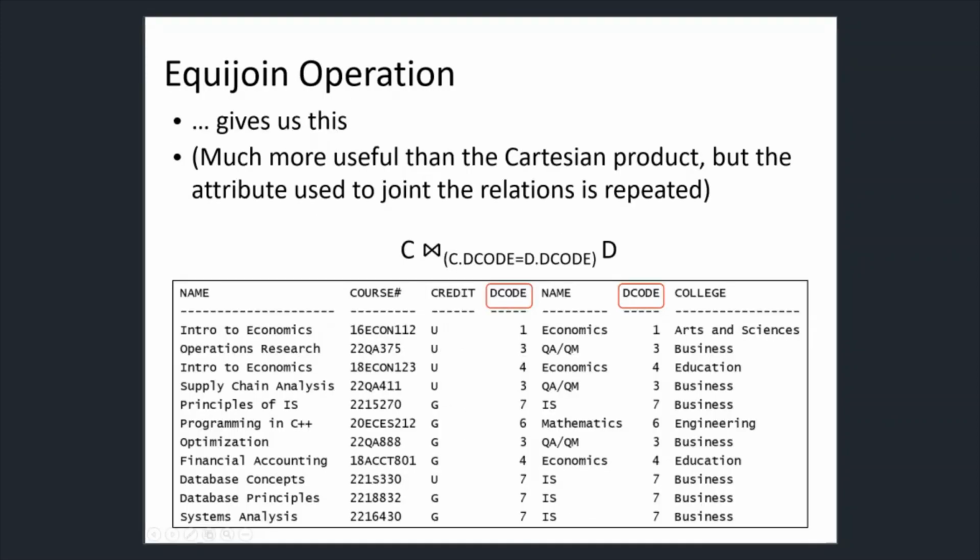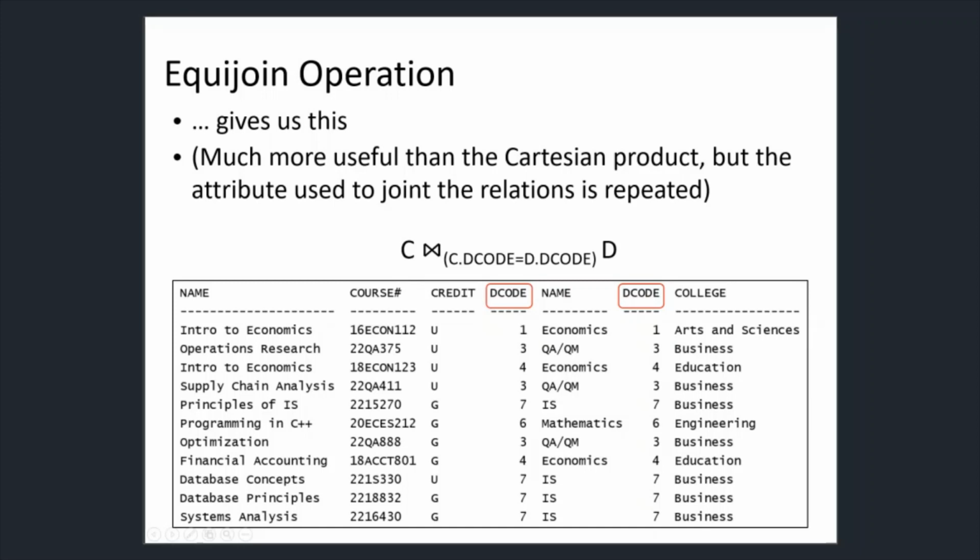And the result of that equijoin operation is the relation shown below. And just observe that the D code attribute, because it is present in both relations, is duplicated during an equijoin.